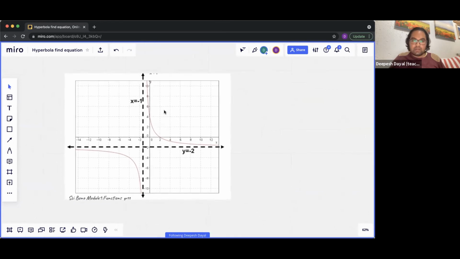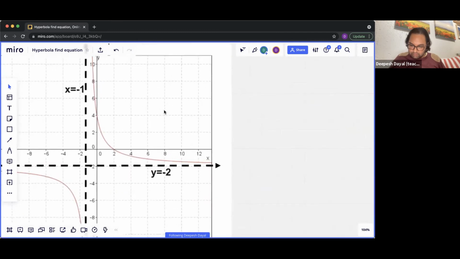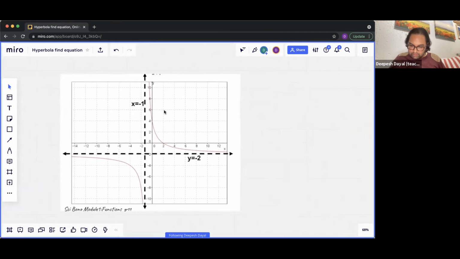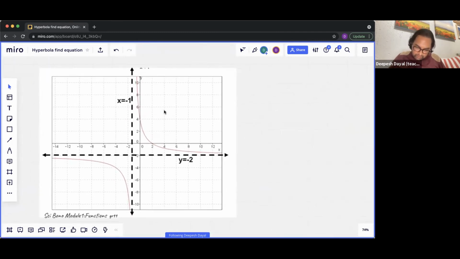Okay, so I'm going to give you the equation. The equation is y equals a over, and you need to find the equation of this hyperbola.